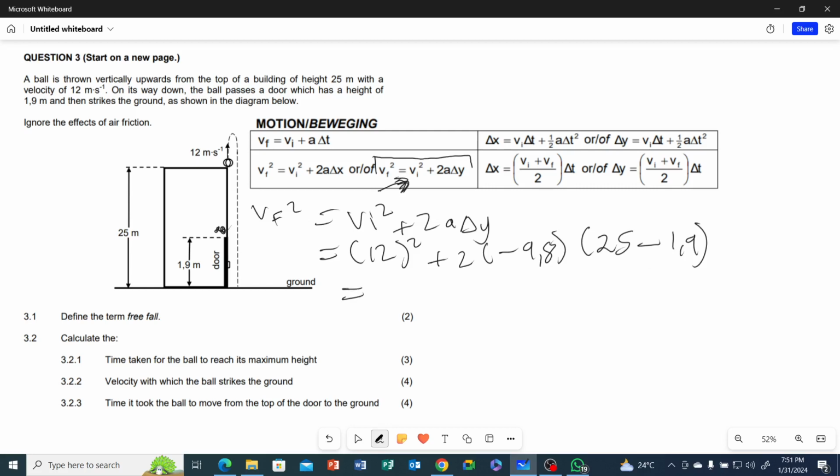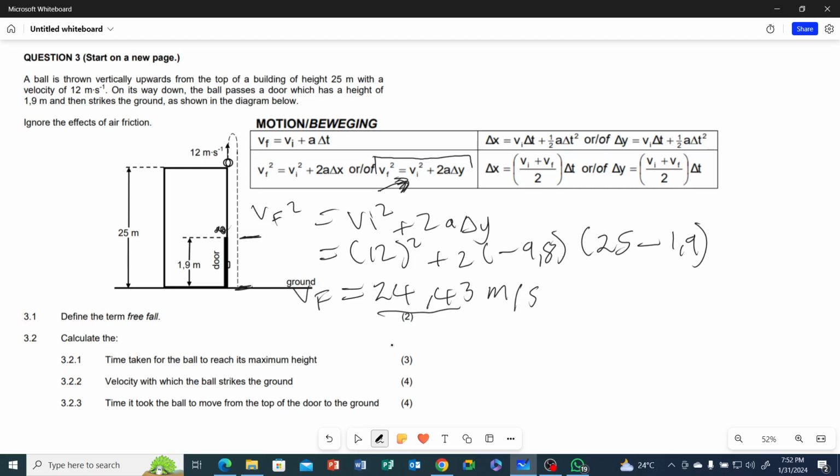After simplifying the equation, you'll find that your Vf equals 24.43 meters per second. Now that we have a Vf, this Vf will be our initial velocity from this point to the ground.